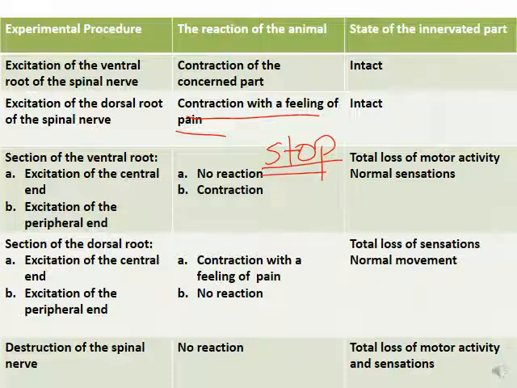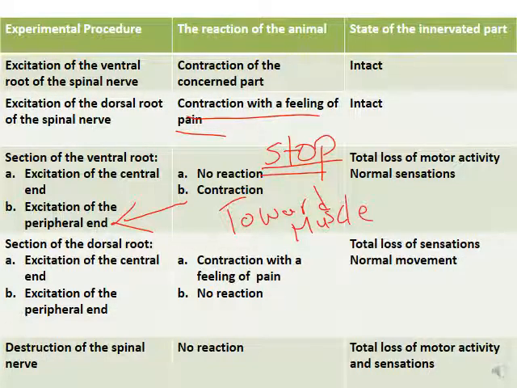While after the excitation of the peripheral end of the ventral root, we have contraction. So here the message was propagated toward the muscle. So it propagates in a centrifugal direction in the motor ventral root.